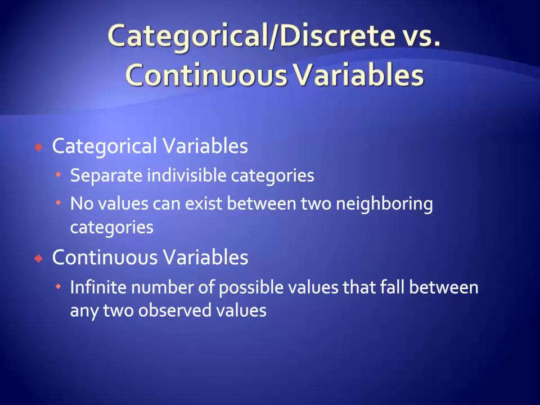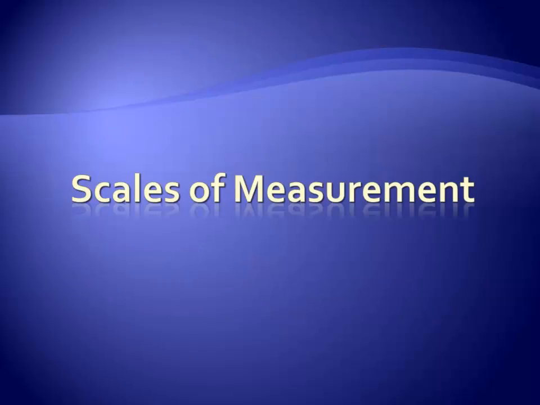This essentially means that you're able to interpret fractions between whole numbers for a continuous variable, but not for a categorical variable. It is important to note that whether a categorical variable has two categories or 1,000, it is still categorical if this property of the data exists. Categorical and continuous variables form the broad classifications of variables that we'll discuss in this class.